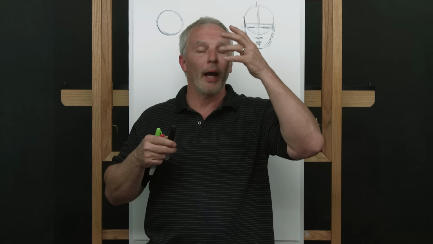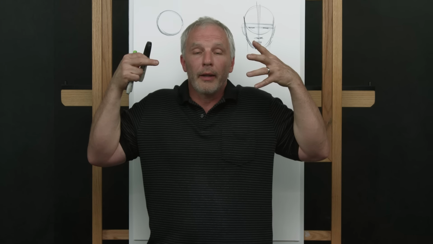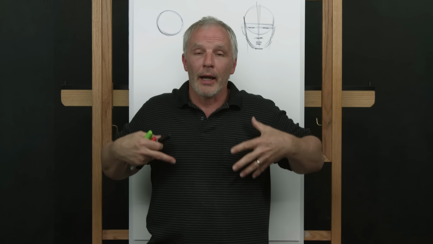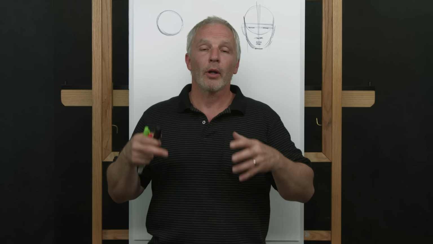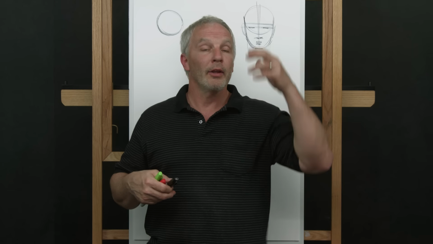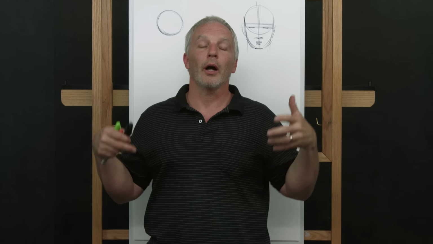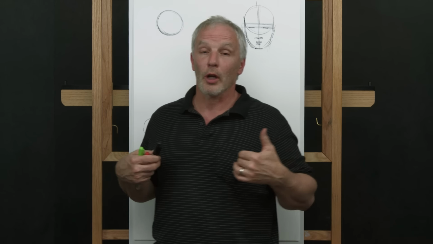So I want to know how the rib cage connects into the shoulder girdle and into the head and neck, and definitely how it connects down into the pelvis. I want to know how the thigh connects to the hips and down into the lower leg. In this case, I want to know how the head and neck connect into the shoulder line and then into the rib cage. So we're going to talk about that a little bit.